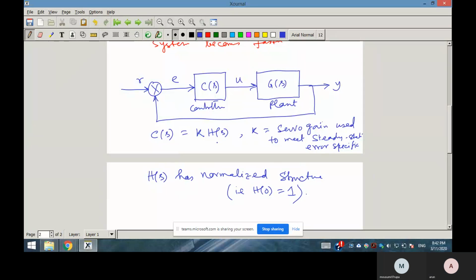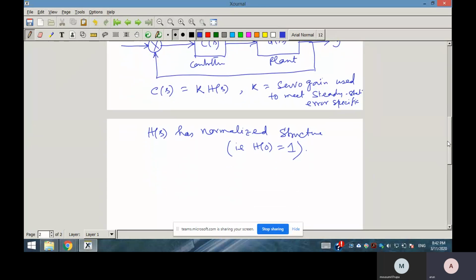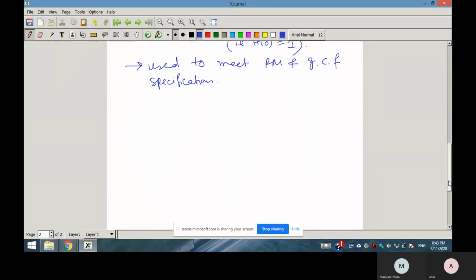And then we'll be designing H(s) to meet phase margin and gain cross-over frequency specification. So first we'll consider the lead controller.